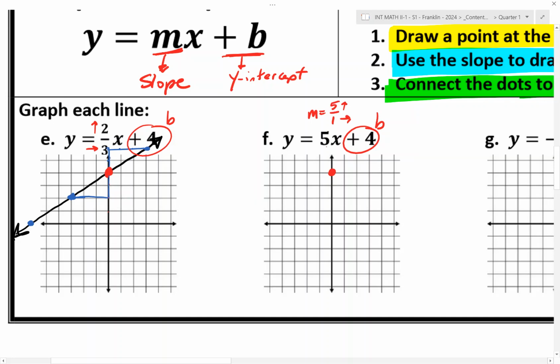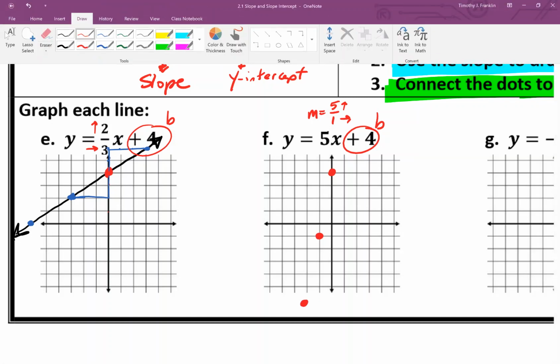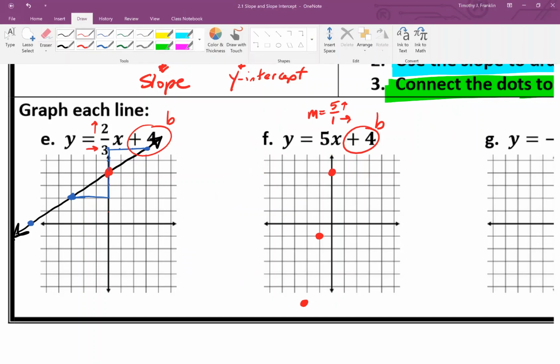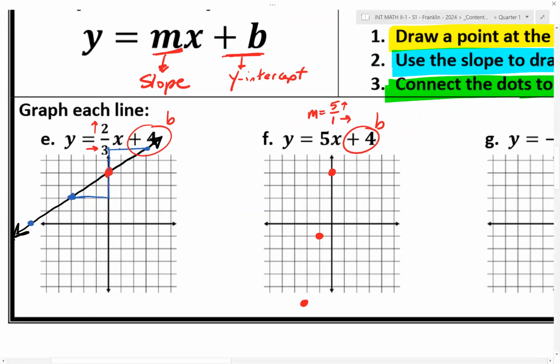Clearly, I don't have enough room to do that. So again, I'll have to go backwards, down 5, left 1. And I have enough to estimate where the next point will be. So there's 3 points we can use. 2 points is okay, but 3 is always better.